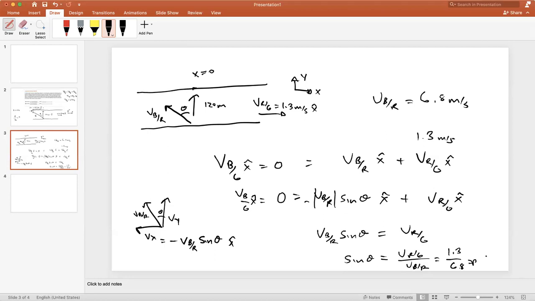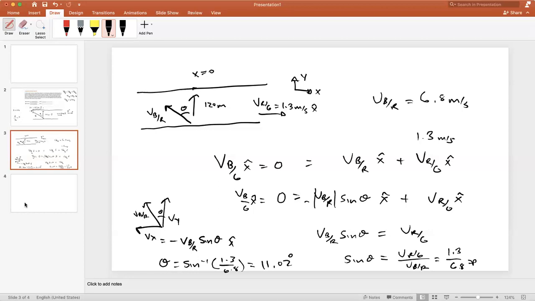If I take the arc sine of that, theta is arc sine of 1.3 over 6.8, which is 11.02 degrees. So he has to point it at an angle of 11.02 degrees just to stay aligned with the y-axis, if you will.